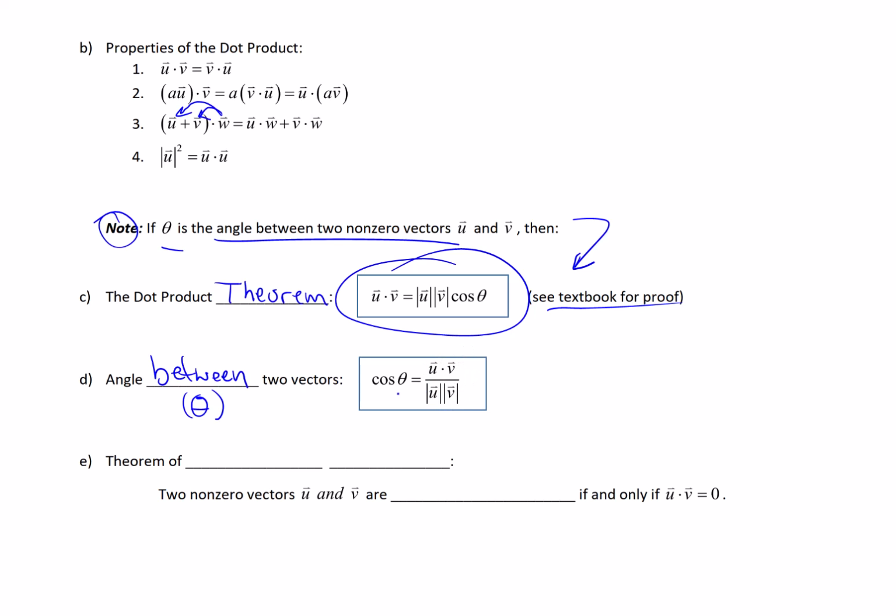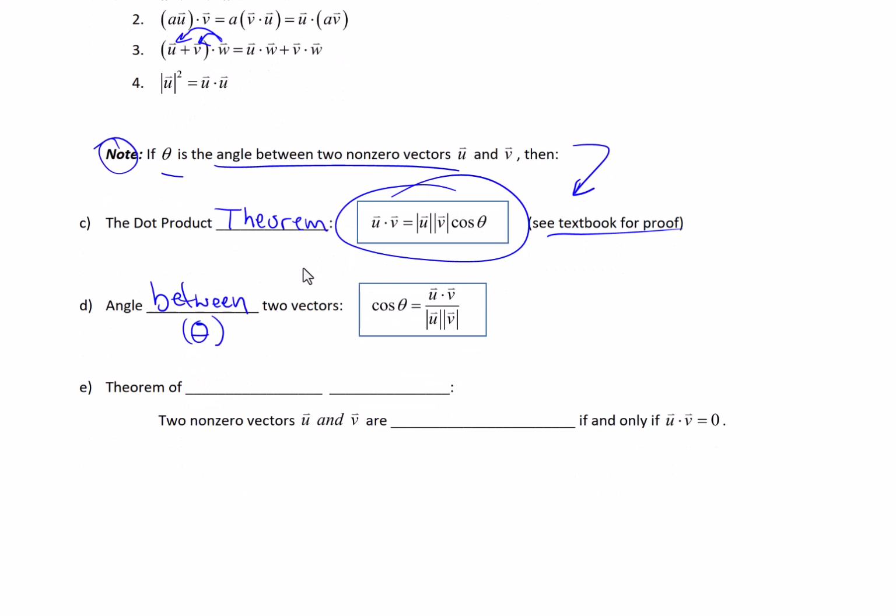So cosine theta is equal to u dot v over the magnitude of u times the magnitude of v. We can use that as a formula, which can help us find an actual angle if we know something about these vectors.